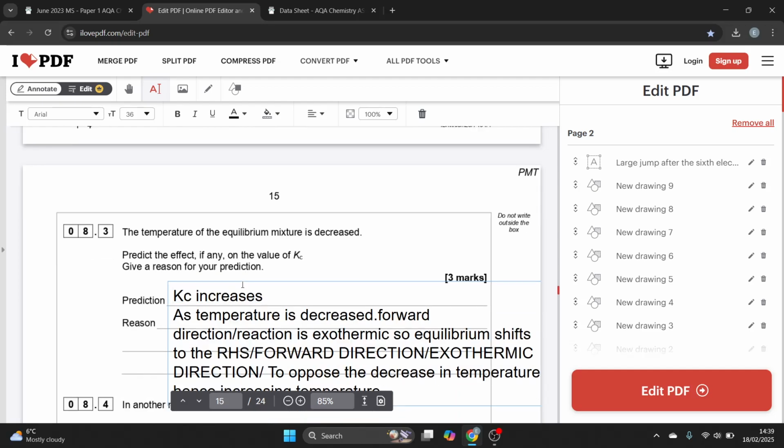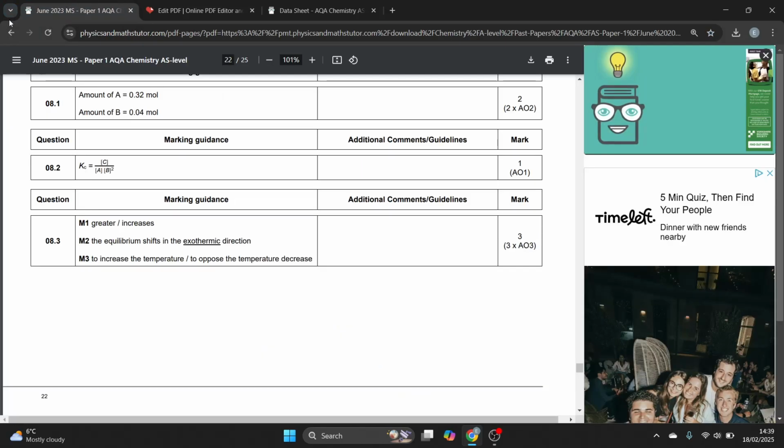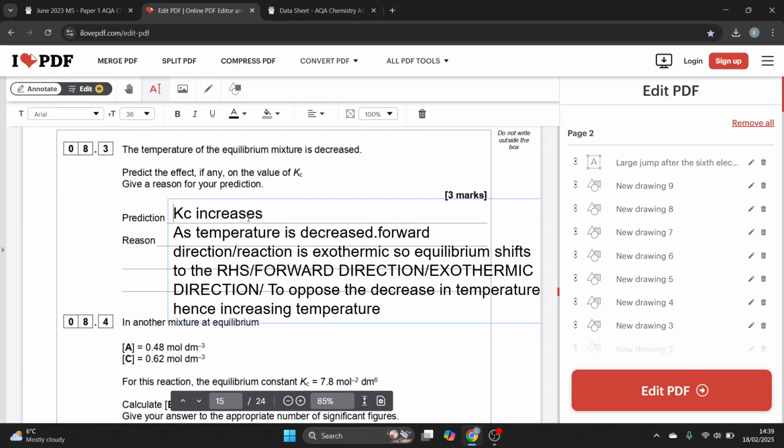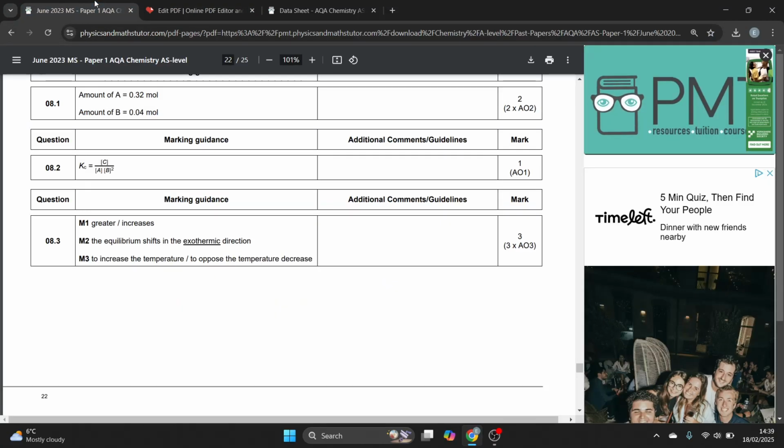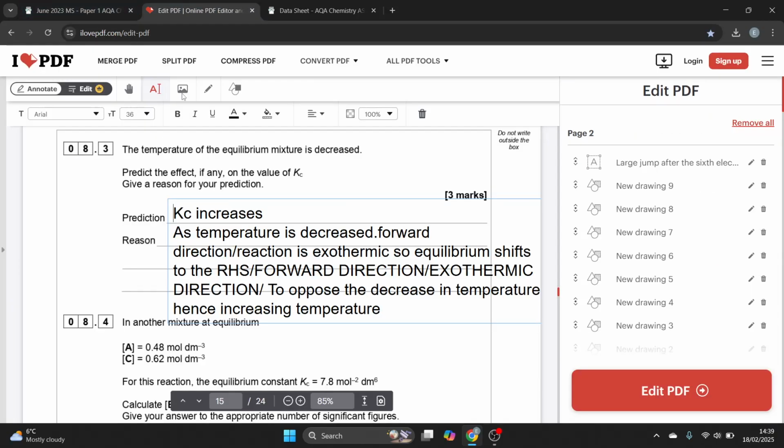Perfect. Kc increases, equilibrium shifts in the exothermic direction to oppose the decrease in temperature, to increase temperature.